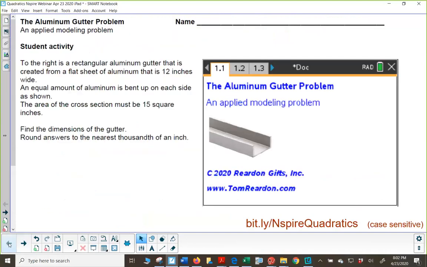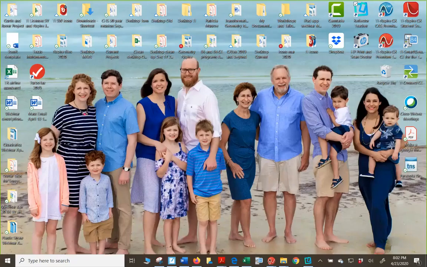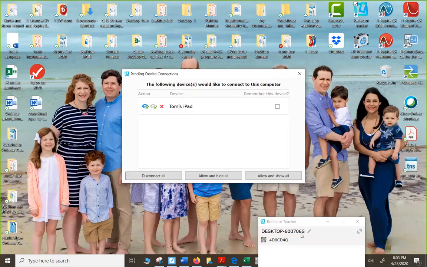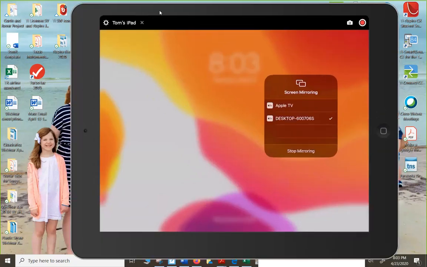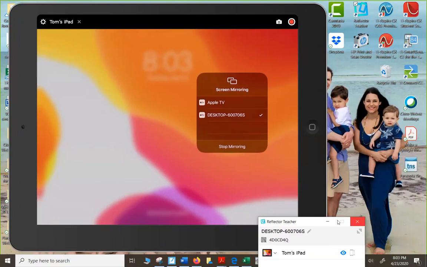So with that, let me go ahead and pull up my iPad here. I'm going to do the screen mirroring. I'm using Reflector 3 to do this. It's very easy to duplicate my iPad on here. You do not have to have this to do this, but it's a good idea to have it if you're going to be using this on a computer.